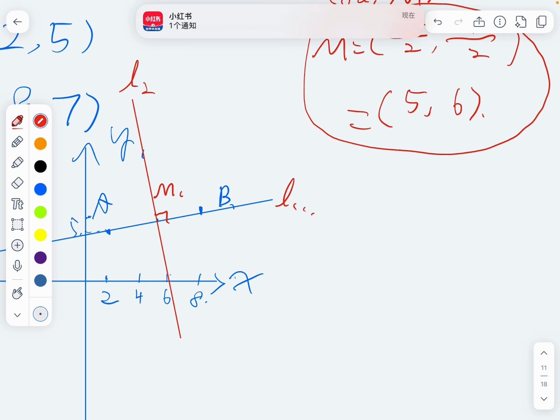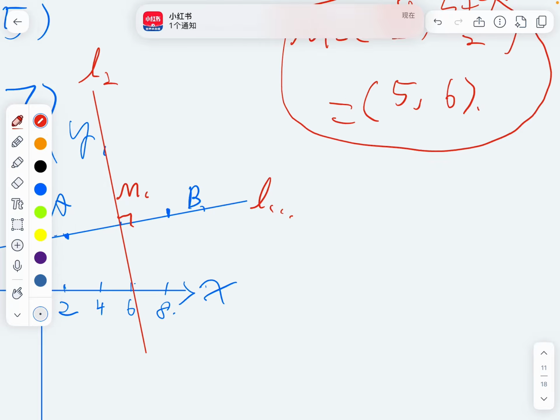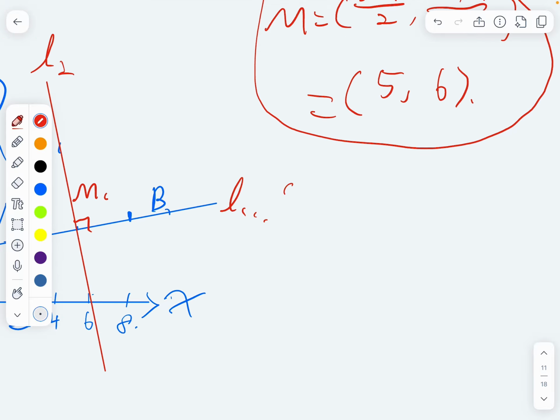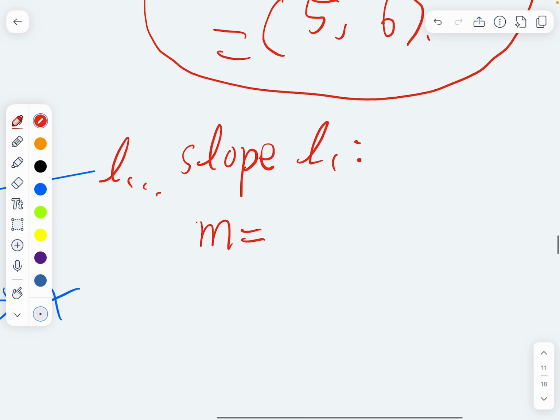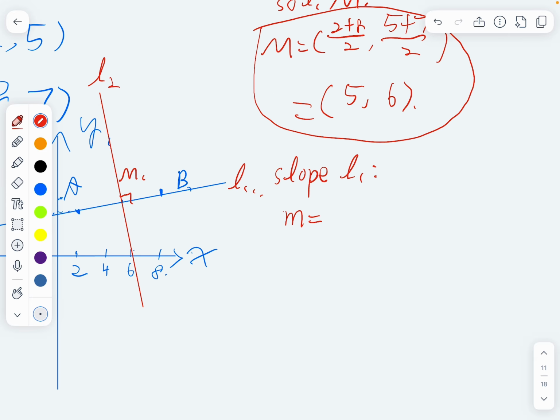Next, we need to find the slope of line AB. For slope we already studied: y2 minus y1 over x2 minus x1.